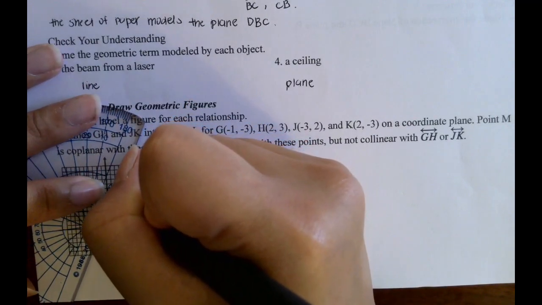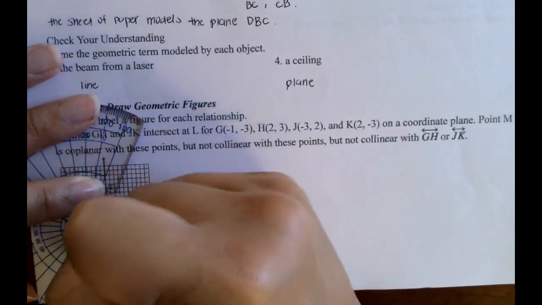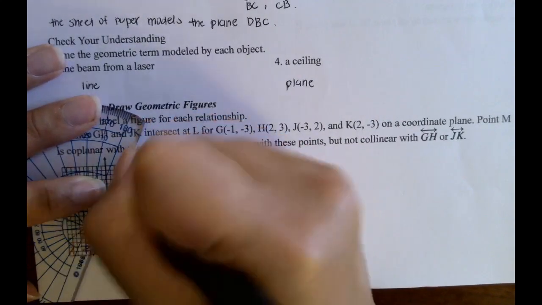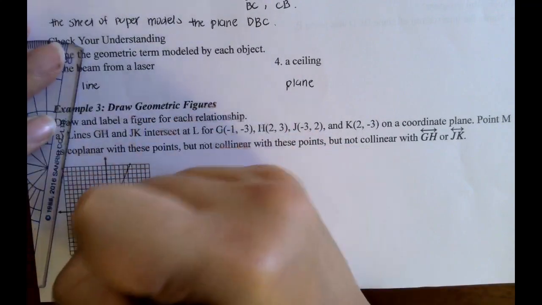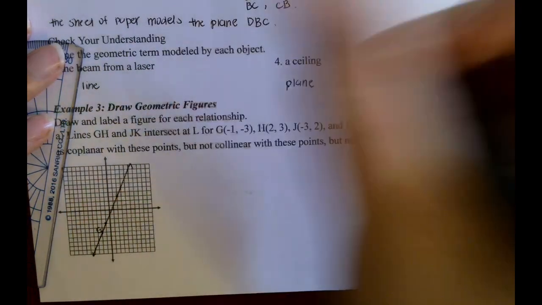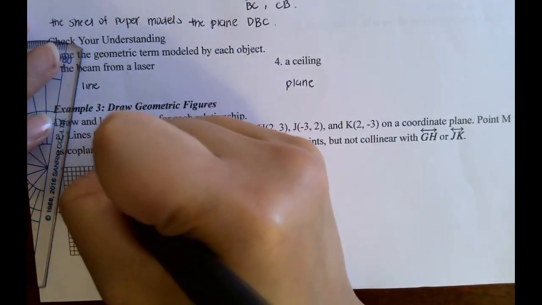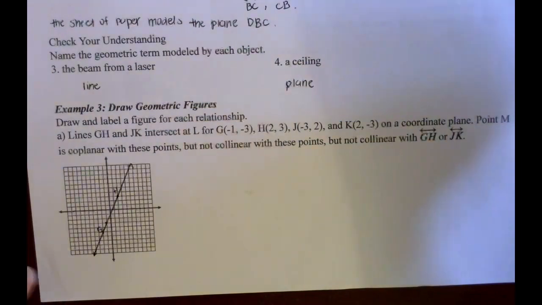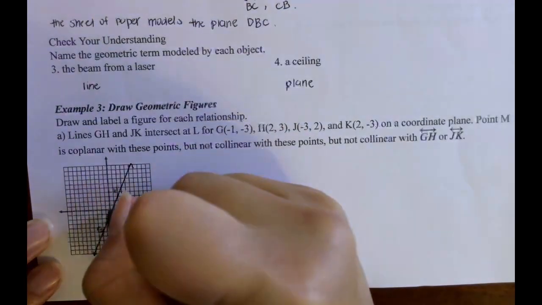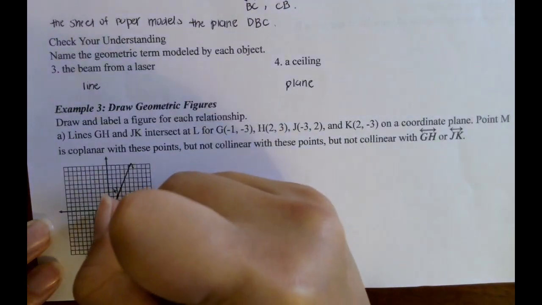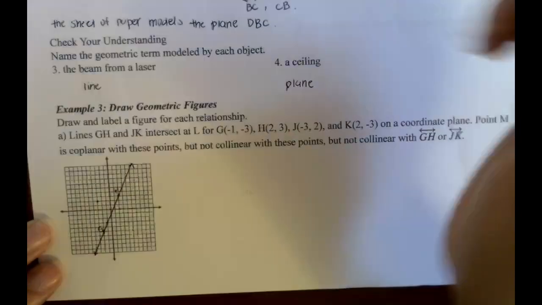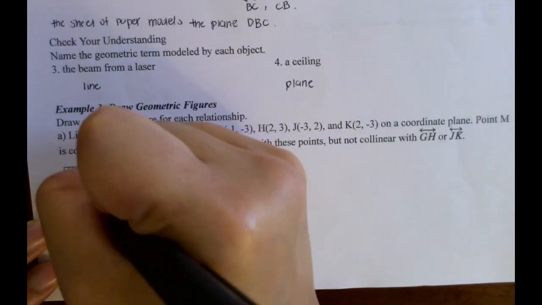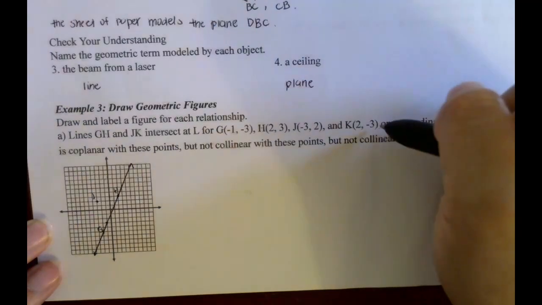It's a little bit harder because sometimes when you have your ruler, it's not perfectly straight. So here's G. Here's H at 2, 3. J is at -3, 2. So here's J.